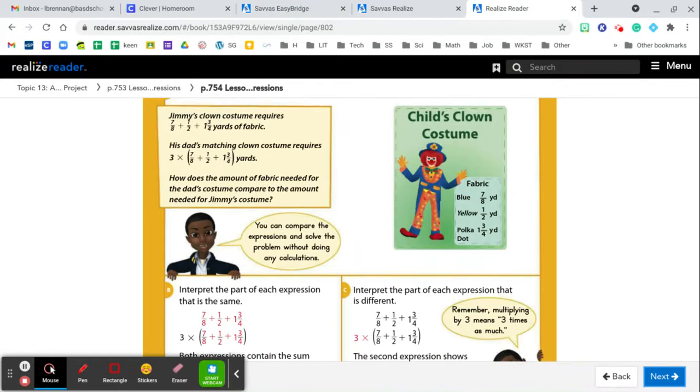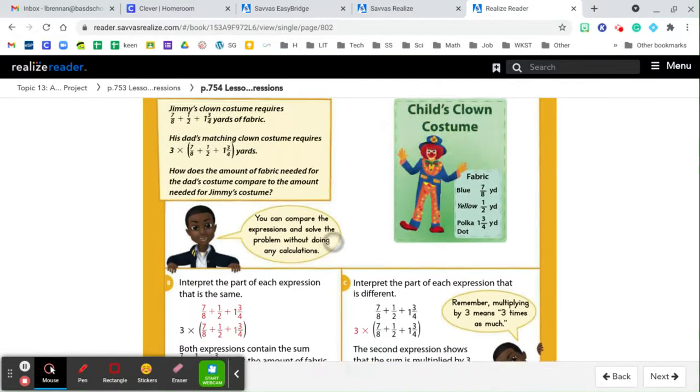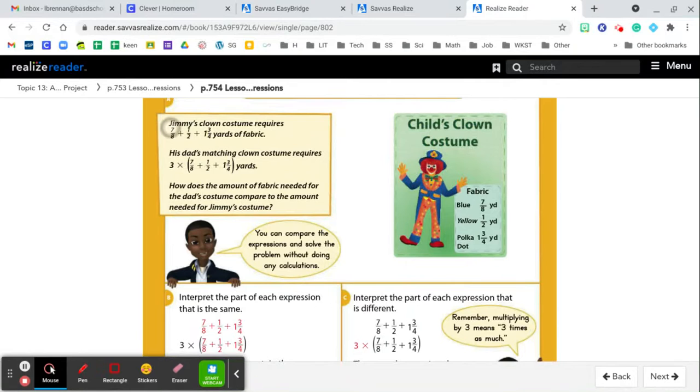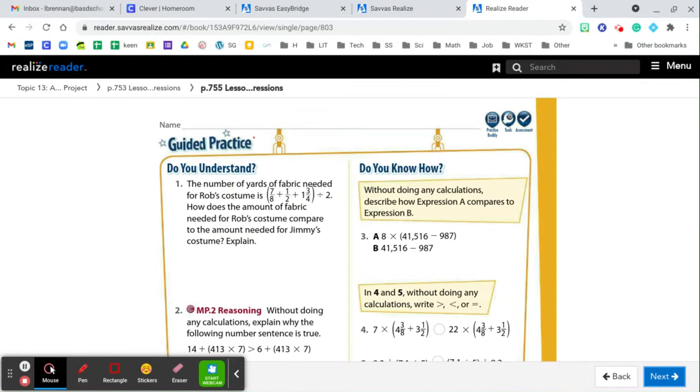You can say it's 3 times as large. So dad's costume requires 3 times as much fabric as Jimmy's costume because we are multiplying 3 times what Jimmy's costume takes to complete. So let's see if we can solve some of these on our own.